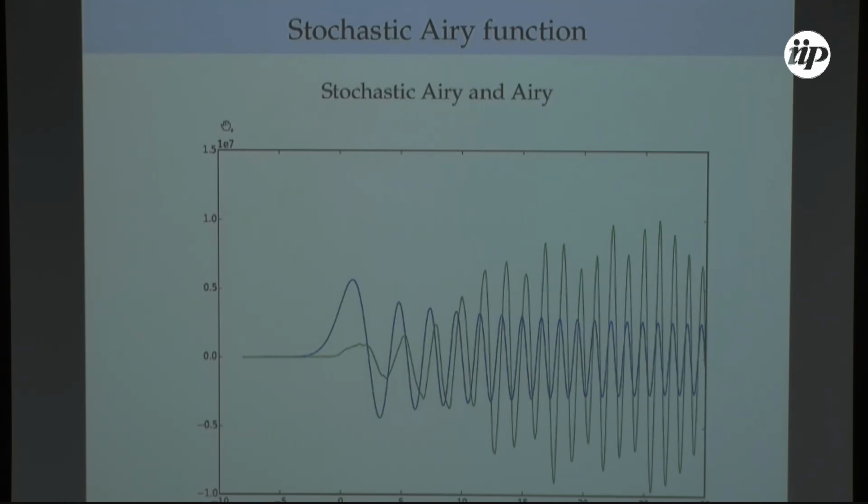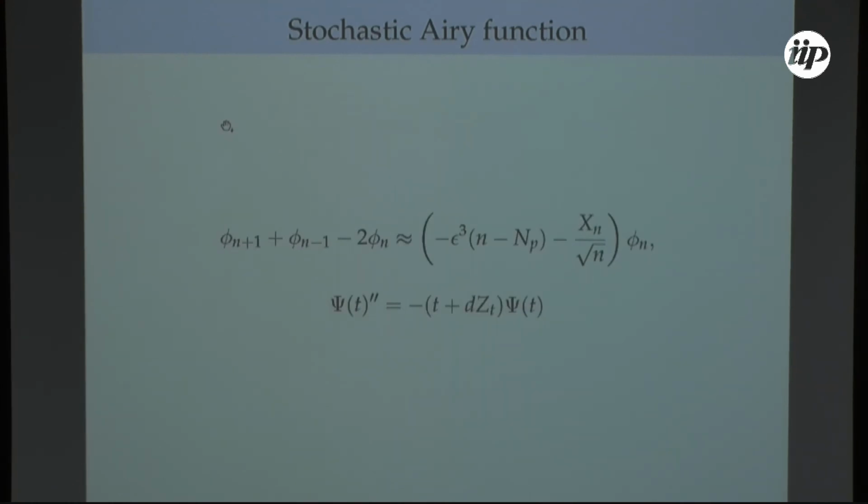Maybe not clear from this picture. I think that what's expected is that it should decay like a power of t, but it should be beta dependent. By the way, beta was not visible here, but beta appears as a scaling factor in front of dz.